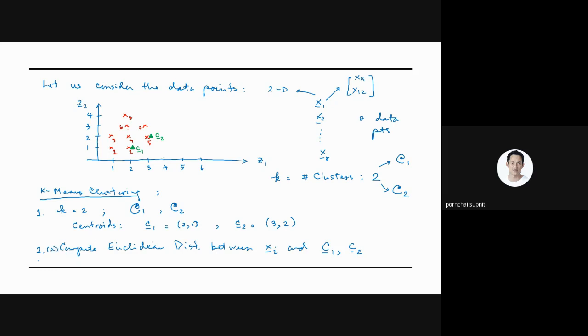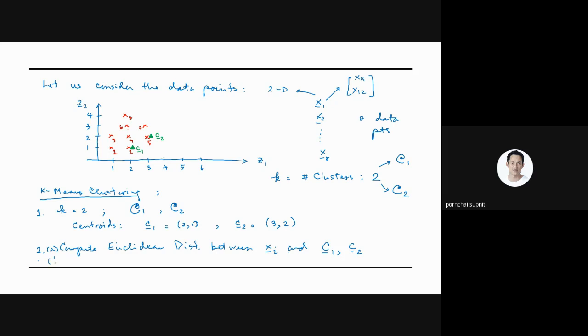2a is to compute the Euclidean distance between each data point. You can call them data vectors as well, because when you do programming, you have to assign vectors, either in MATLAB or in Python.